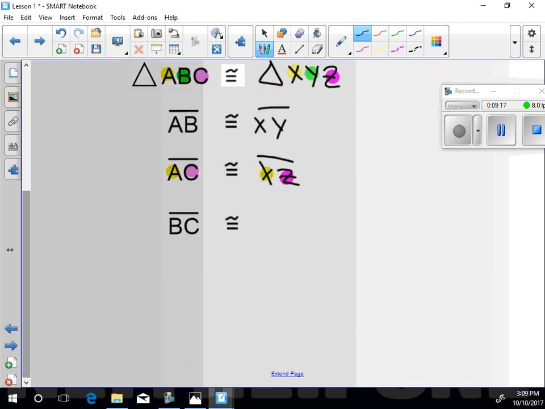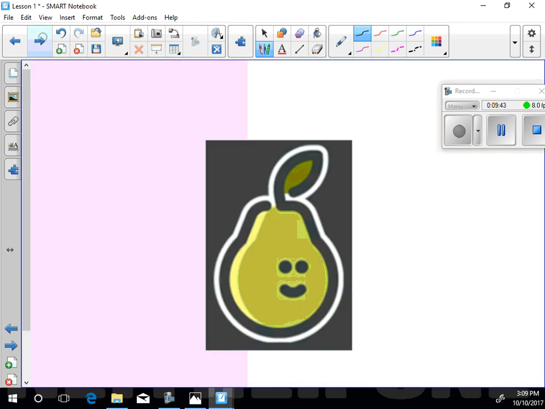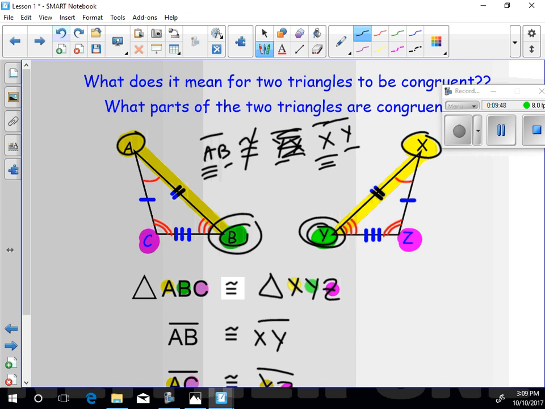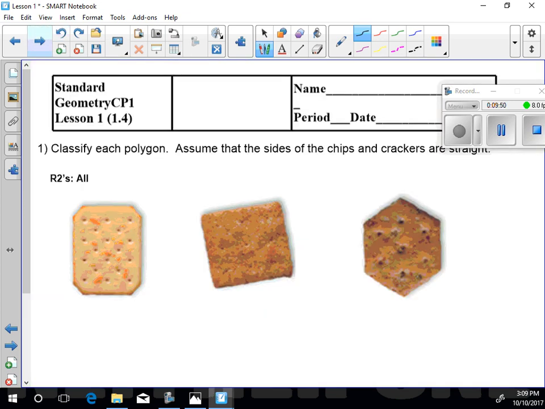I know that B corresponds, I've already labeled it as corresponding to Y, and C corresponds to Z. So I know that segment BC corresponds to segment YZ. Notice order matters. I don't want purple-green if I'm starting here with green-purple. Okay, use highlighters. It's helpful. We're not going to do pair deck, not on this video. And I think that's it.